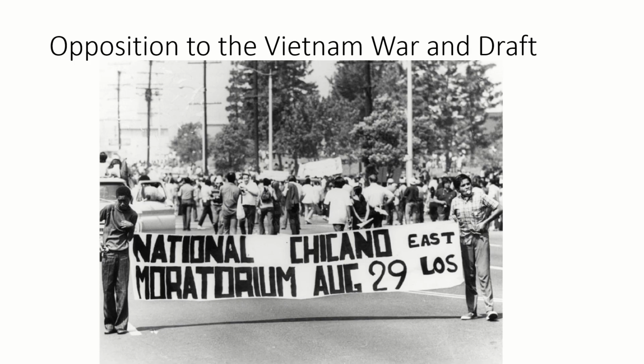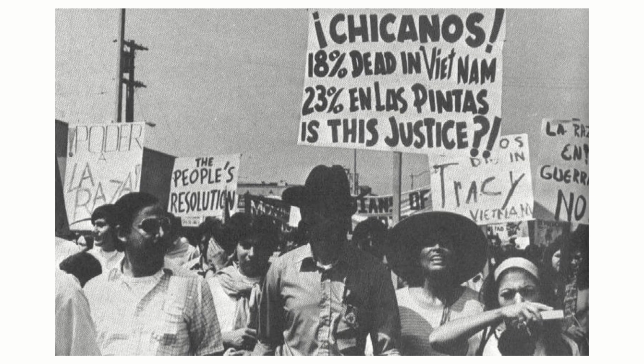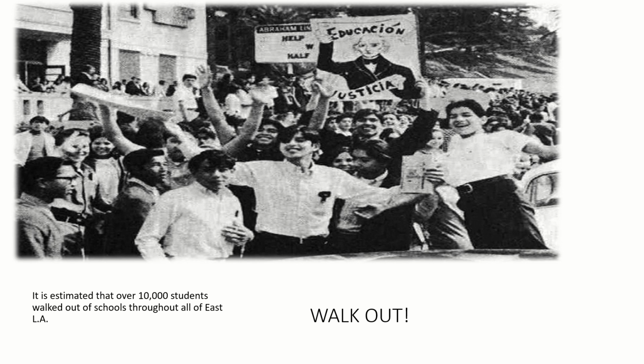Then a lot of Chicanos are going to oppose the Vietnam War and draft, saying, why should we be drafted to go fight in a war for a country that does not acknowledge us as equal? In a lot of ways, this movement has a lot of the same complaints as all of the others. And so the LA walkouts are able to put pressure on the East LA School District to make changes.